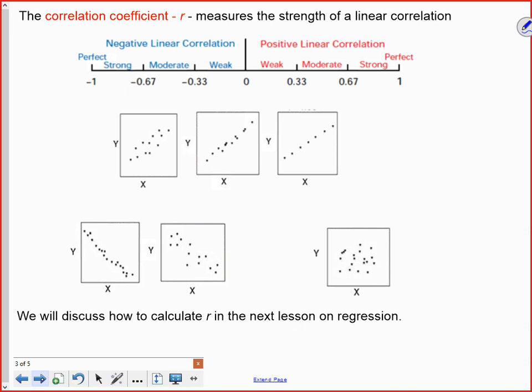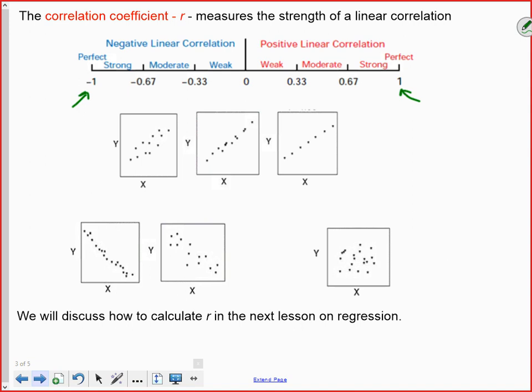If we have a correlation of -1, that means we have a perfect negative linear correlation, and a value of 1 for R means we have a perfect positive linear correlation. A value of 0.67 is sort of the boundary between a moderate and a strong positive linear correlation, and 0.33 distinguishes between a weak and a moderate positive linear correlation. And if we've got something close to 0, we would definitely say we have no correlation between them.